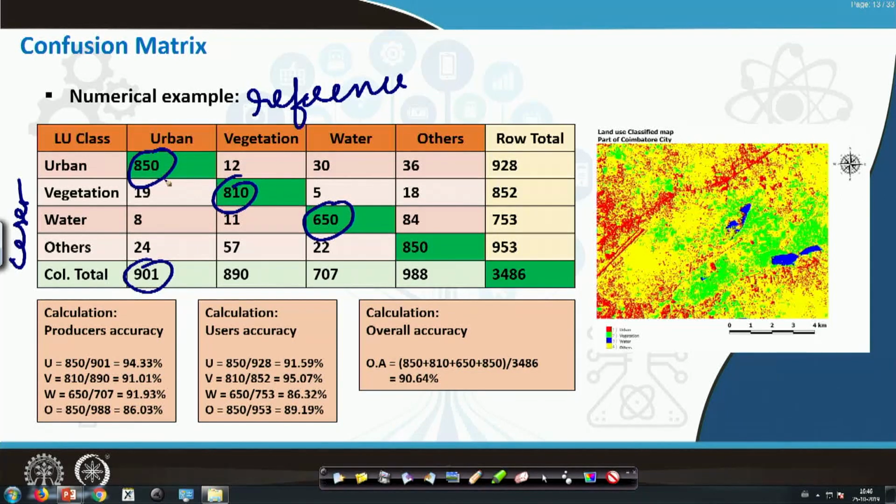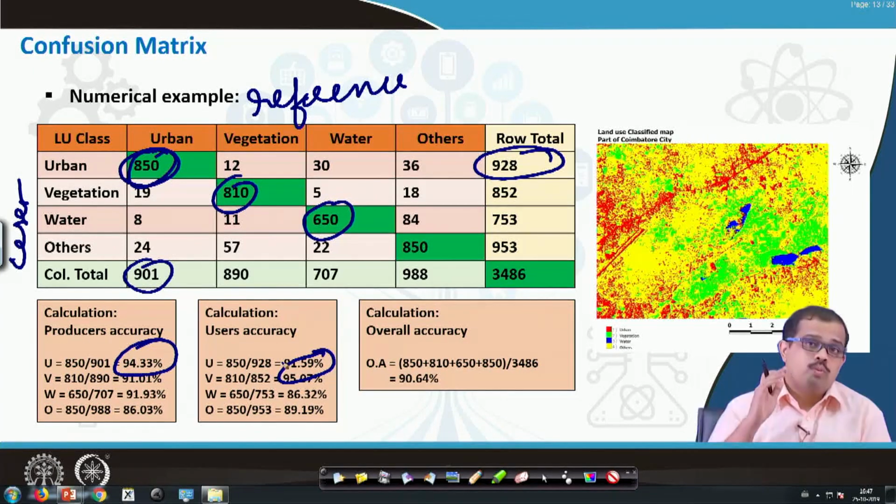So 850 by 901 is your producer accuracy, which is relative to your reference data. Now if I have to calculate how good my classification accuracy is, you look at the same 850 pixels divided by the row total, that is 928. So this gives you the user's accuracy, which is 91.58.